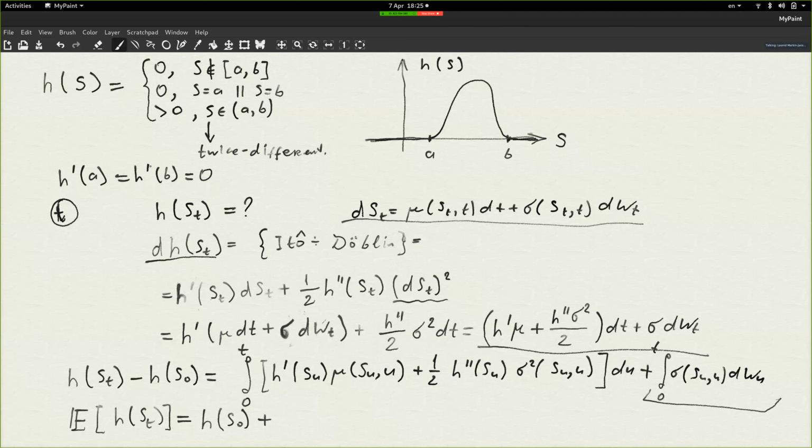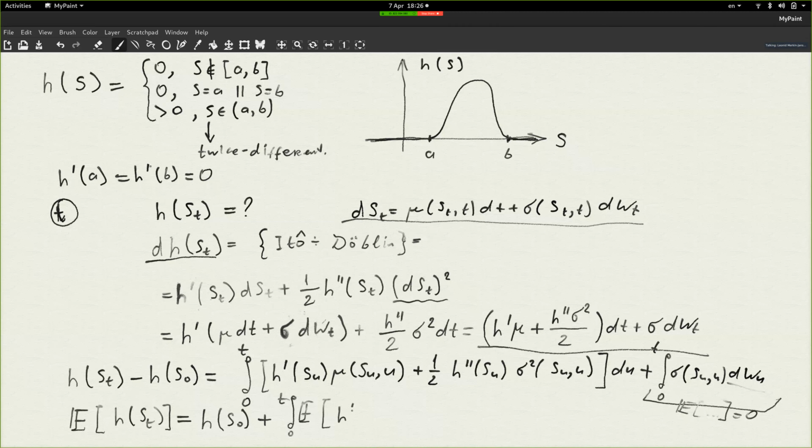Sigma by itself here might be a stochastic process, because S_u is stochastic, but dW_u is independent of sigma, and we have seen on a number of occasions that the expected value of this integral is equal to 0. Whereas for this integral, we can swap the expected value operator and write it as an integral from 0 to t, expected value of this square bracket, H prime mu.